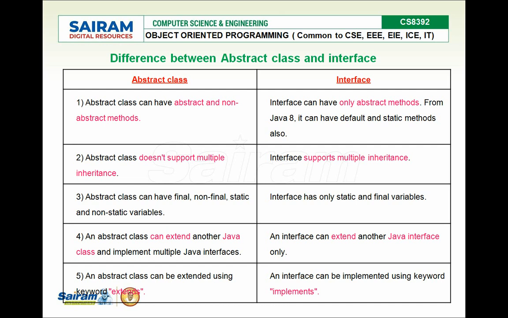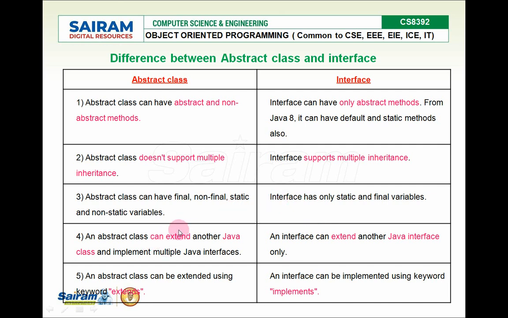After Java 8, it can have default and static methods also. An abstract class doesn't support multiple inheritance, but interface supports it. It was given in Java for supporting multiple inheritance. An abstract class can have final, non-final, static and non-static variables, but an interface has only static and final variables, right?